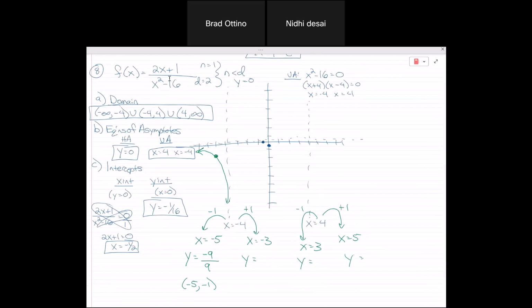If you plug in -3, you get on top -6 plus 1 is -5. In the denominator, 9 minus 16 is -7. So that means the point -3, 5/7 is on the graph.